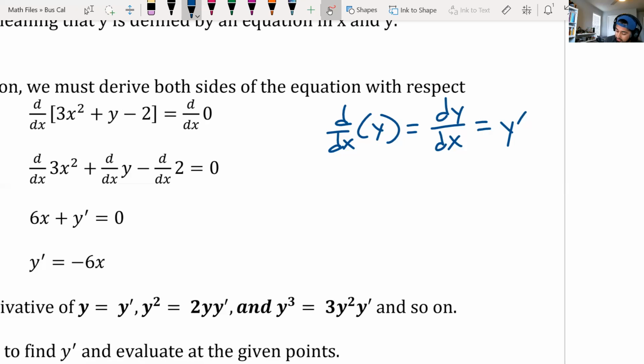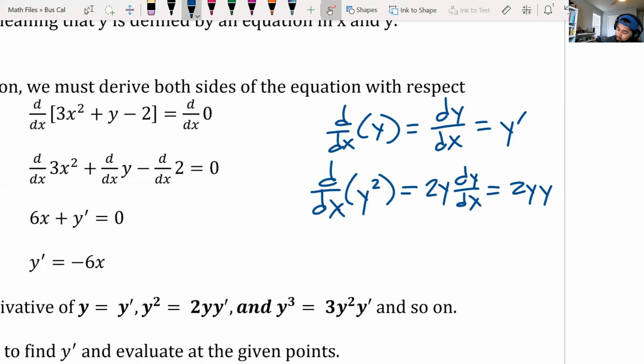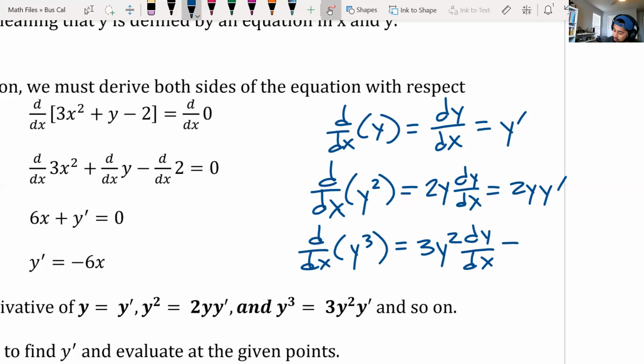And then, if I said d over dx of y squared, you would have 2y dy over dx, or 2y y prime, just like I have there. And then for d over dx of y cubed, that would be 3y squared dy over dx, or 3y squared y prime.